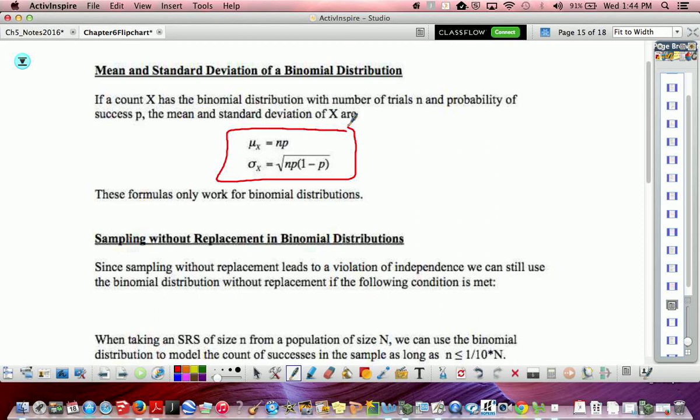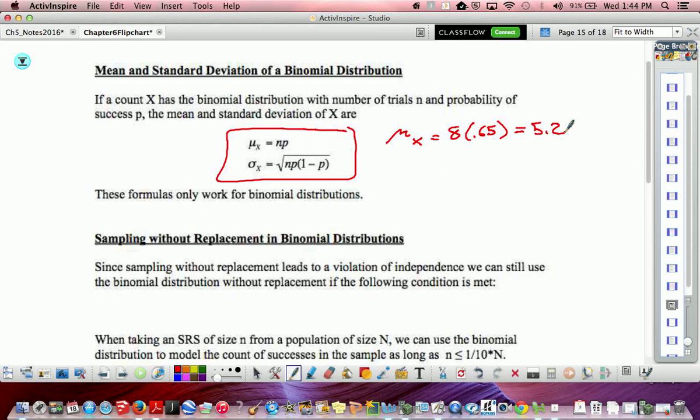The mean of any random variable is simply calculated by taking the number of trials times its probability. So like in Sarah's trivia question problem, she was answering 8 questions. The probability of success was 0.65. So on average, she will answer 5.2 questions correctly.